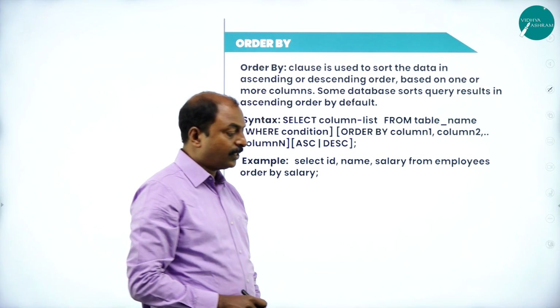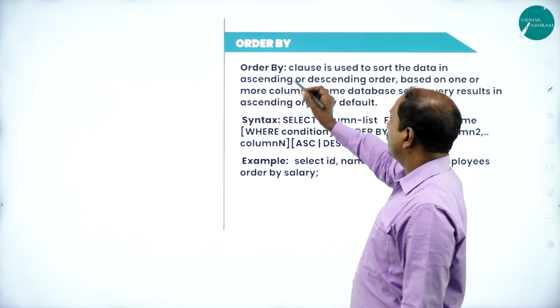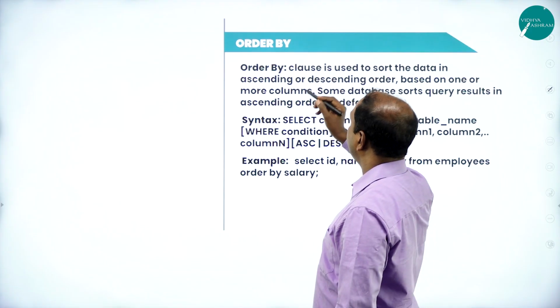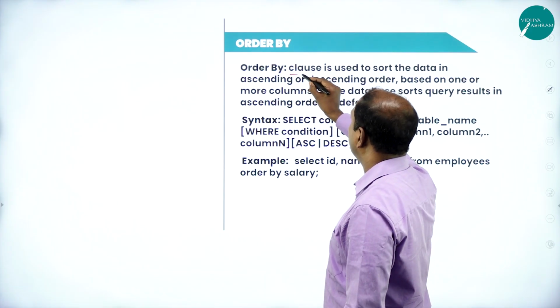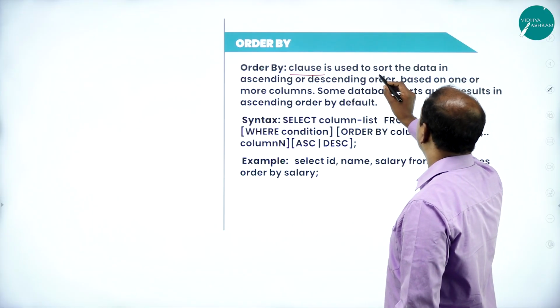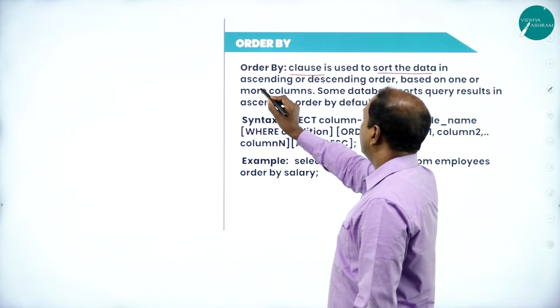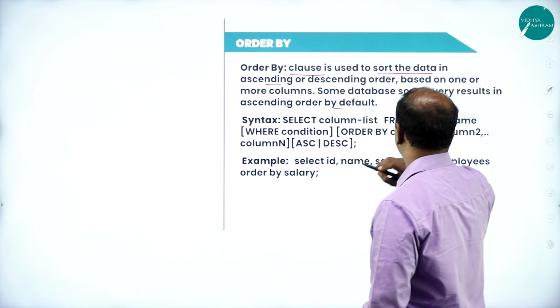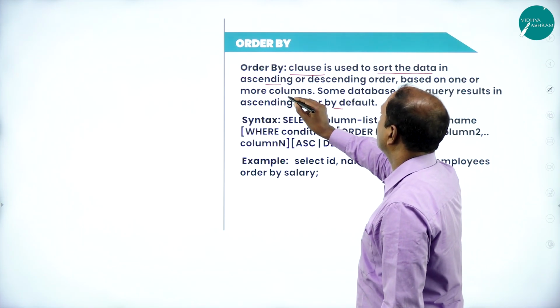The next slide is the order by command. So what is order by? It is once again a clause. The order by clause is used to sort the data in ascending or descending order based on one or more columns.